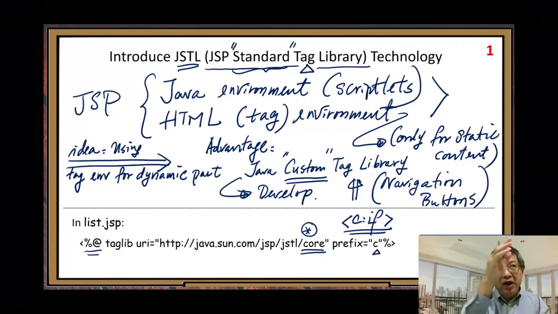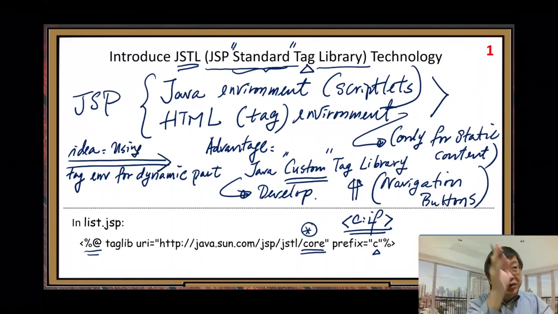When we want to use an if statement, we can use the if tag inside the core package, c colon if. Next video, we will look at how to use these basic JSTL tags. So that's the top line we need to include in our JSP file.